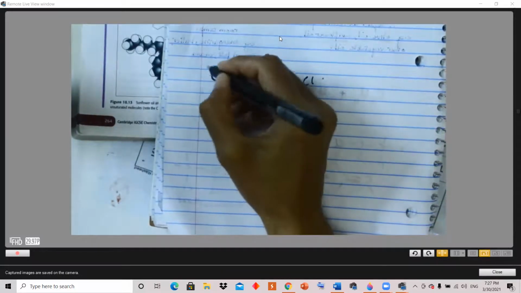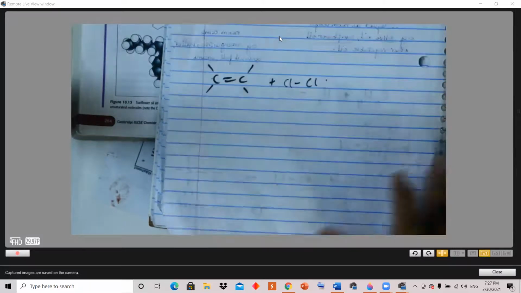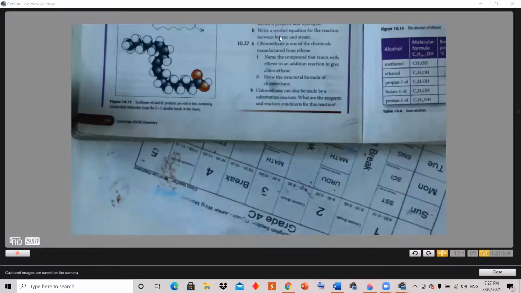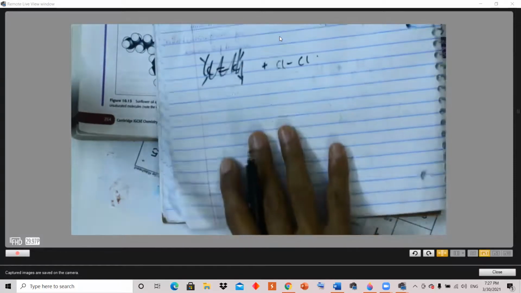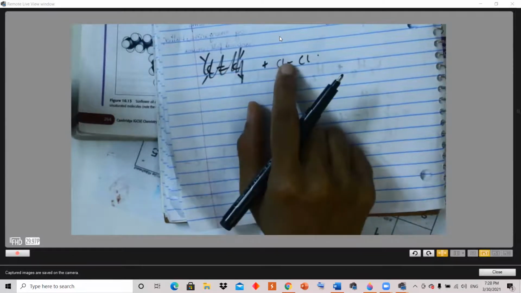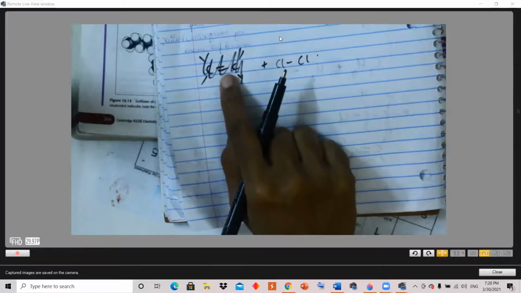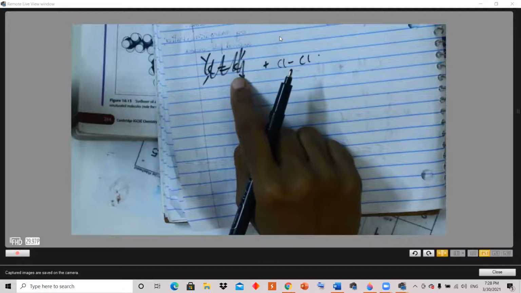This one is a substitution reaction. Huh? Sorry, substitution is on alkanes, not alkenes. I'm sorry. Why? Because with ethene this should be addition. That's why I got it wrong. When these atoms add, this will not be called substitution. This will be called addition.